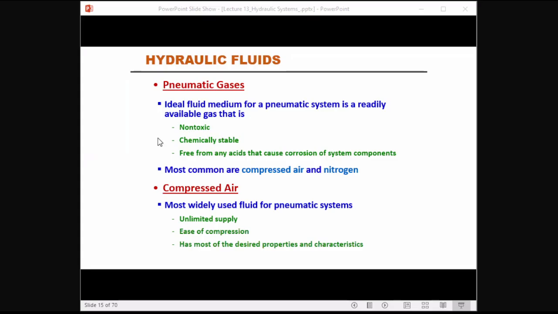Then chemically stable. Chemically stable means the gas must maintain its properties over time and under various operating conditions without breaking down, then reacting with other components in the system.